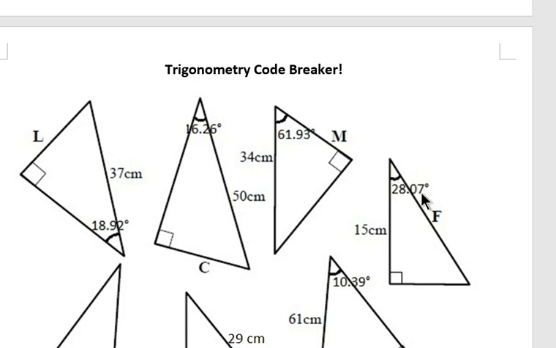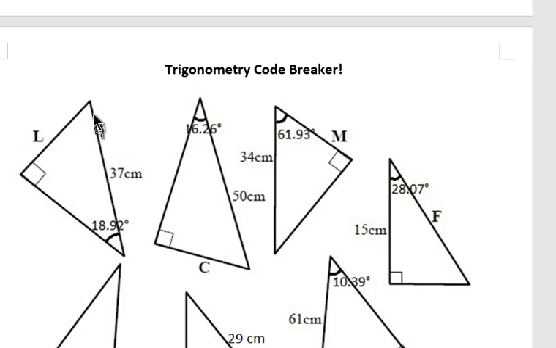Next one over here. Now something slightly different in this one. In this case, we are trying to find F. Notice that the F we're trying to find is actually the hypotenuse, the long side. Let's compare all the other ones that we've done so far.